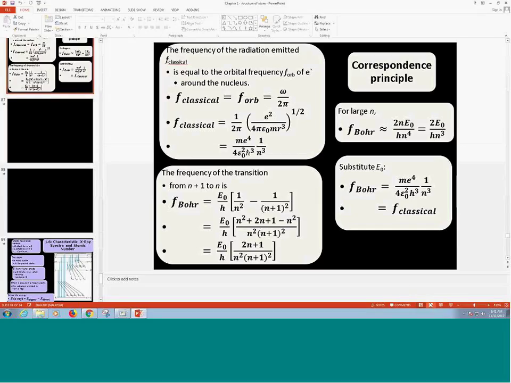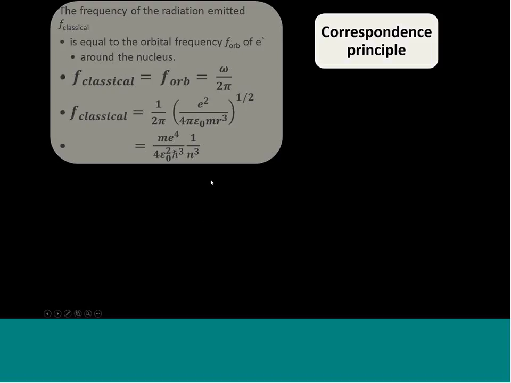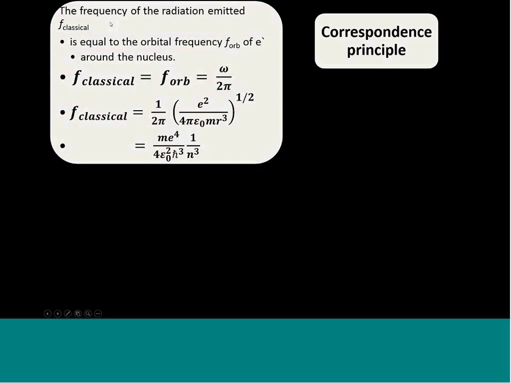Okay, now 5 more slides. For large n, we have the frequency of the radiation emitted and the classical frequency. If f orbital equals omega over 2 pi, and classical equals 1/2 pi.